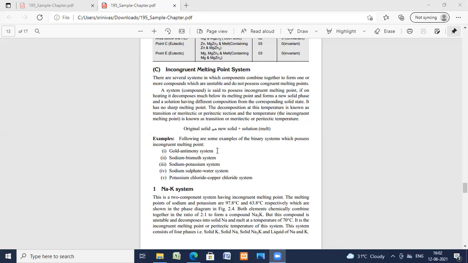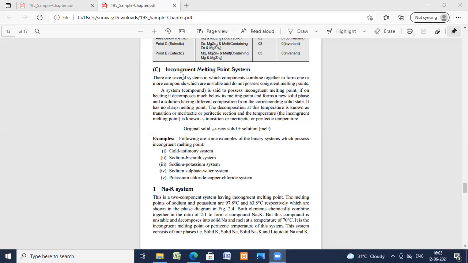Now, what is the Gibbs phase rule? After giving this introduction, we'll go into the incongruent melting point system. The sum of the number of degrees of freedom, F, and the number of phases, P, exceeds the number of components by 2, is called the Gibbs phase rule.